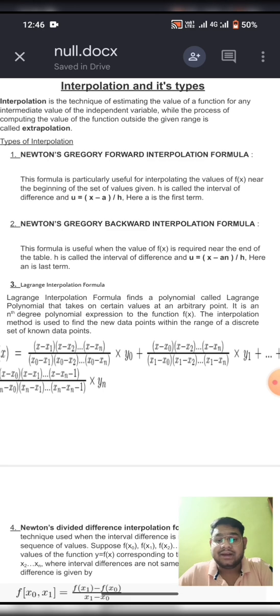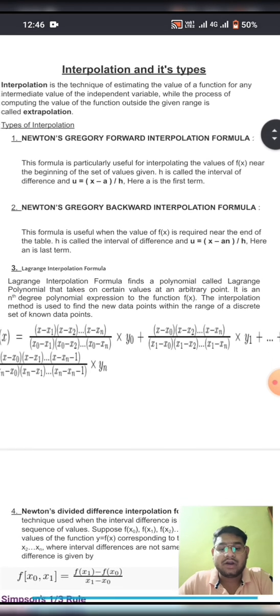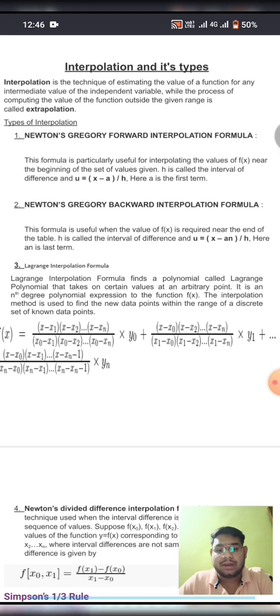Third method, Lagrange's interpolation formula. Lagrange's interpolation formula finds a polynomial called Lagrange's polynomial that takes on certain values at an arbitrary point. It is an nth degree polynomial expression of the function f(x).